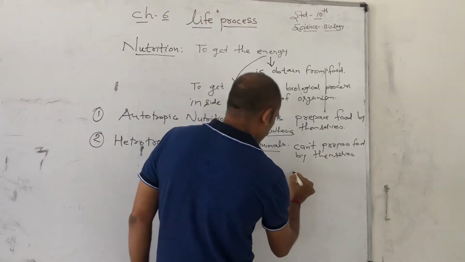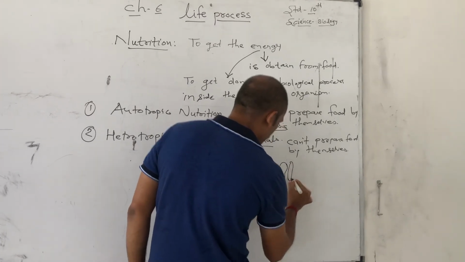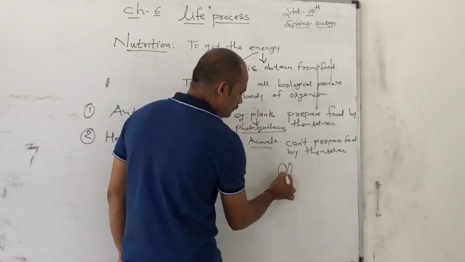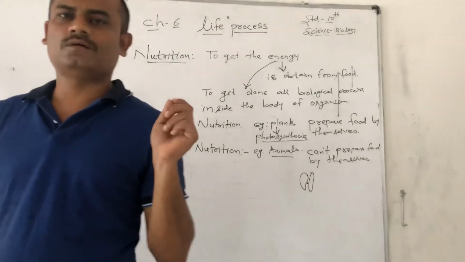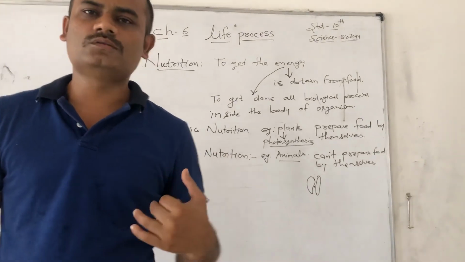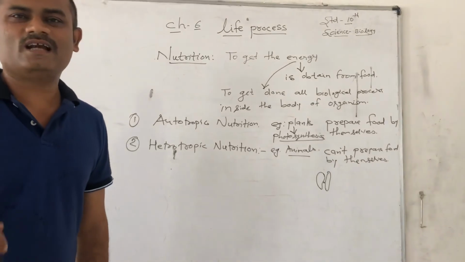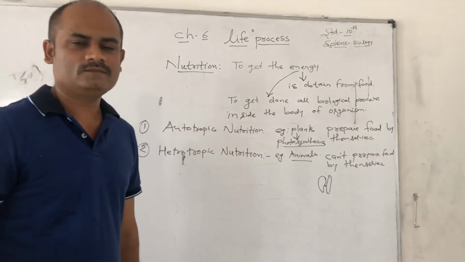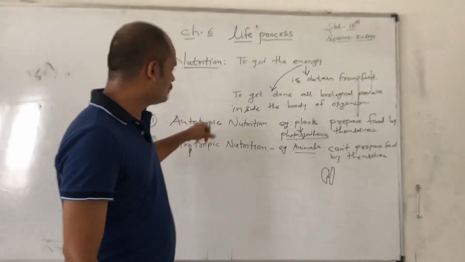These stomata are small pores, right? And through these pores the air as well as the water comes out and goes inside. For that, the process is inspiration and expiration, right? So all these processes are related to autotrophic nutrition.